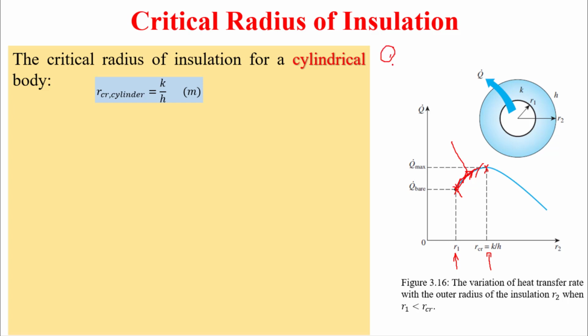So let me write it again. Q equals delta T over R insulation plus R convection.